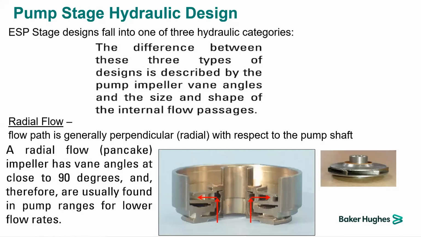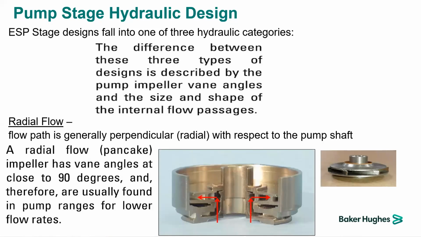So the design of each impeller could vary between radial, mixed, or axial. What is the difference between each type of pump in terms of hydraulic design, and when do we select each one based on the application?